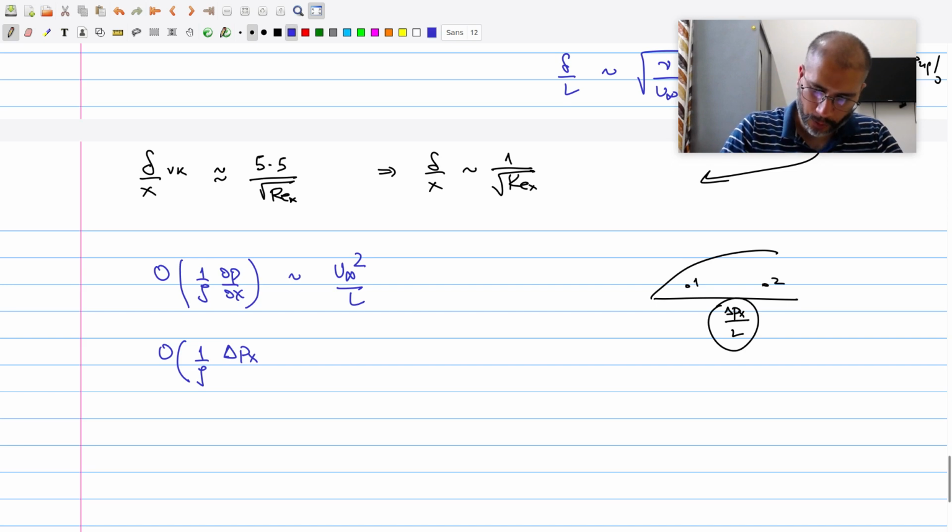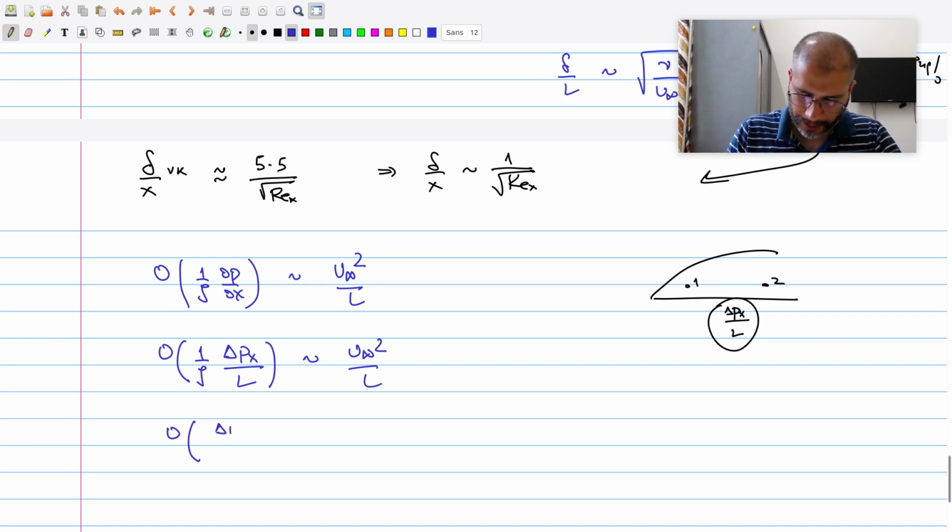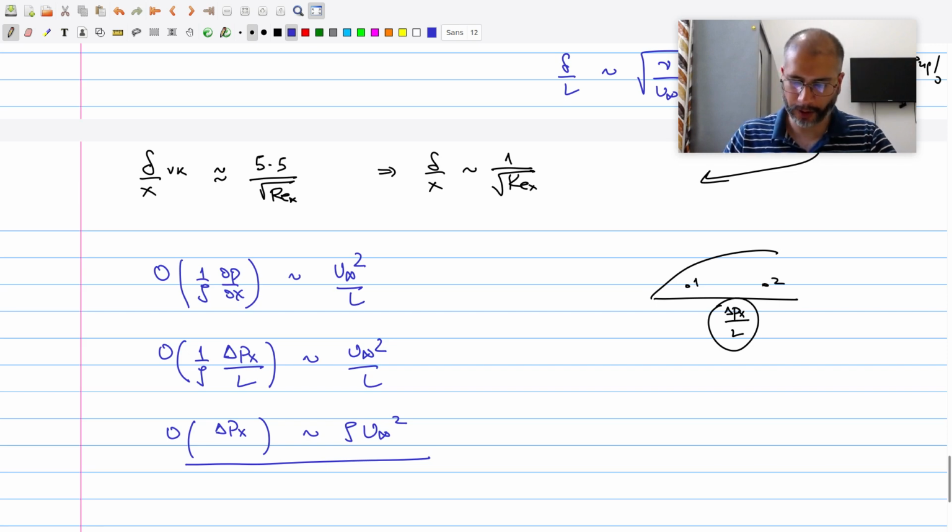So the order of delta P x is rho u infinity square, since the L cancels. We will be requiring this soon. So the order of the pressure change along the length of the plate is of the order of rho times u infinity squared.